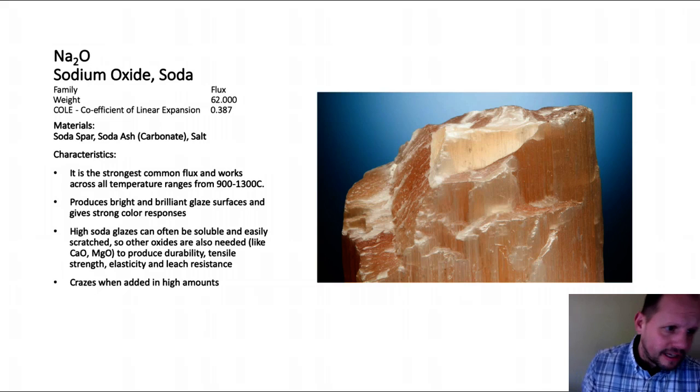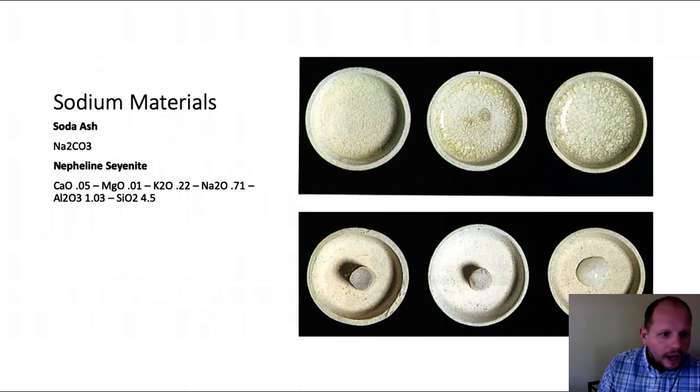Usually you want to use a stable source of sodium from like a feldspar. That's typically like Neph Sy or nepheline syenite or Minspar 200 or some sort of frit. Okay, yeah, and you can see right here, this is soda ash, the top right here. You can see how active of a flux that is when it's just straight up soda.